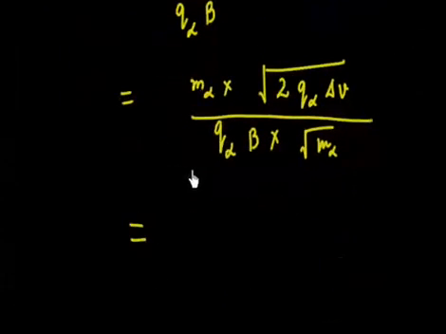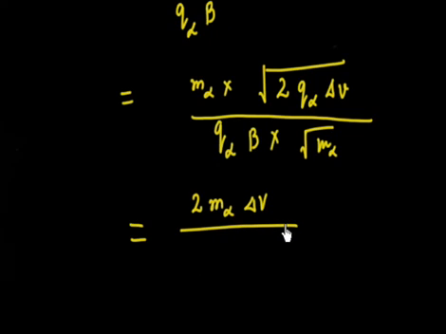If you solve this one, you will have q alpha in the denominator and m alpha in the numerator. So you will have 2 m alpha delta V under the root, divided by q alpha, and B is outside the root, so this is multiplied by 1 by B. Check yourself, you will get the same thing.